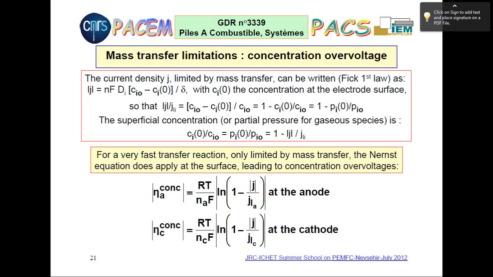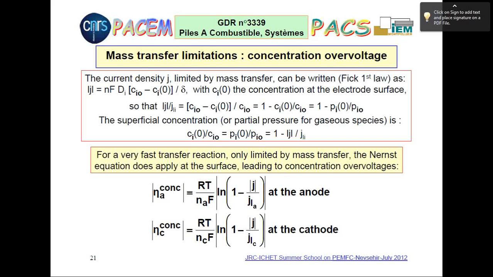For the diffusion coefficient, normally you have some exponential of minus activation energy for diffusion, of course. But it is not so important in that case, because for fuel cells we work between ambient temperature and 70 degrees. So it's not so important. Not significant? Not significant, yes.